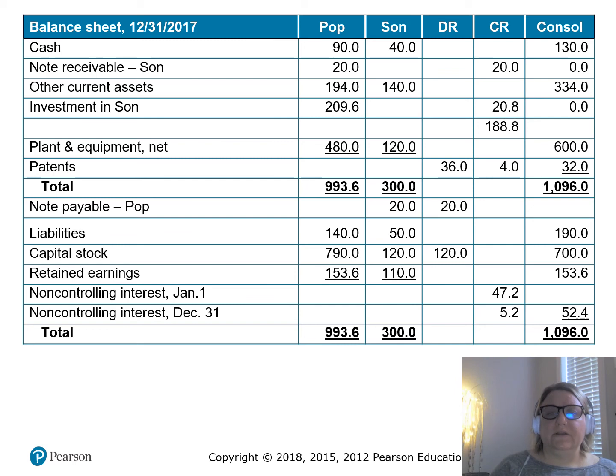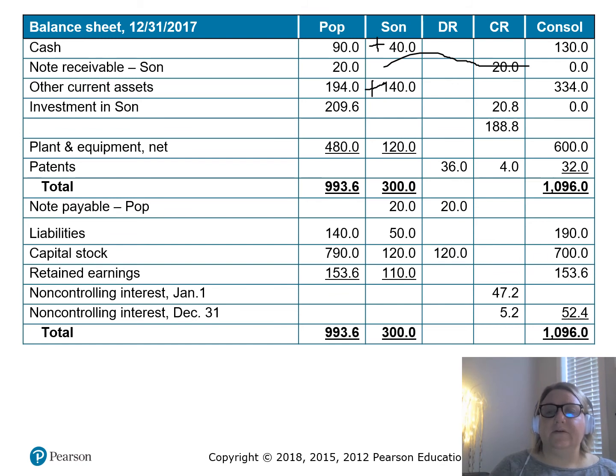Okay, so let's take a look at the balance sheet. Same as before. I've done this a few times now. I'm really hoping this is starting to become old hat. So cash is added together. Note receivable, remember that was a reciprocal balance, so that's just going to wash out, credit out right here. Other current assets added together. Investment in Sun, right?